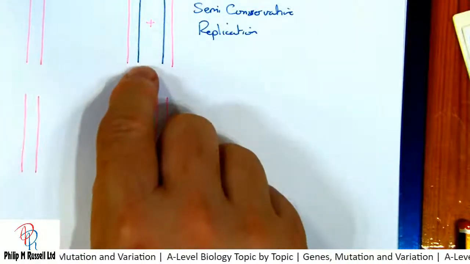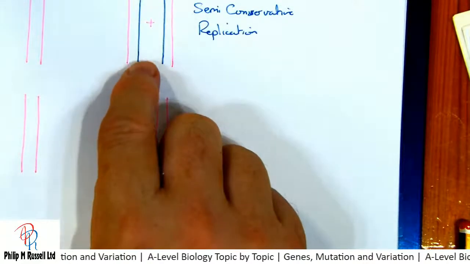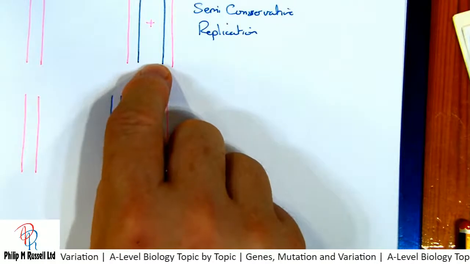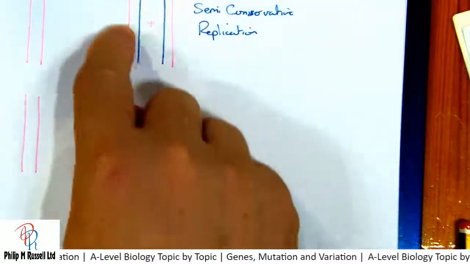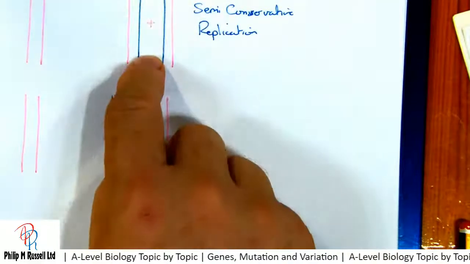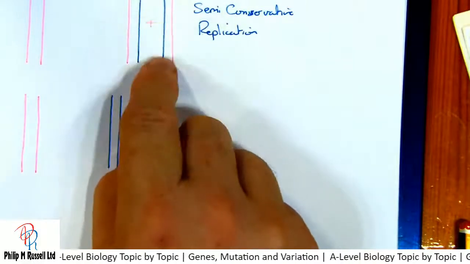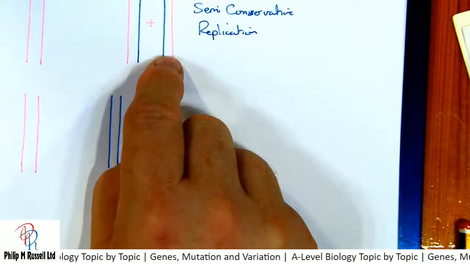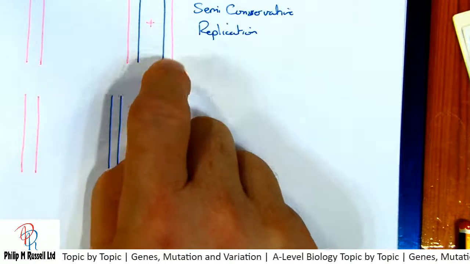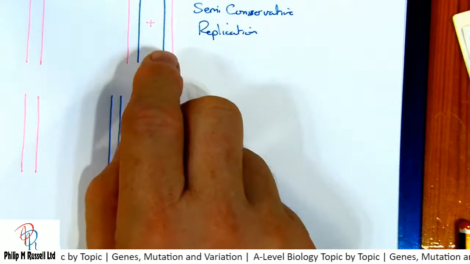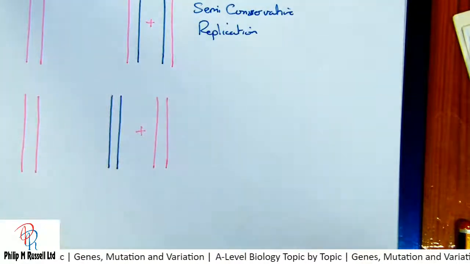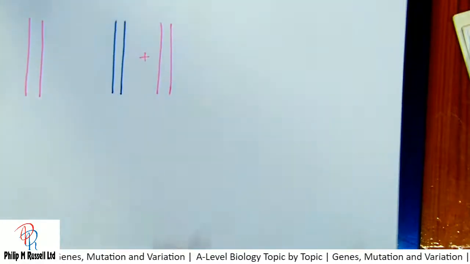When they put it into a medium containing the heavier nitrogen, then it grew for a little while and they basically stopped the reaction, they killed the bacteria, and then they put it into a density gradient solution.